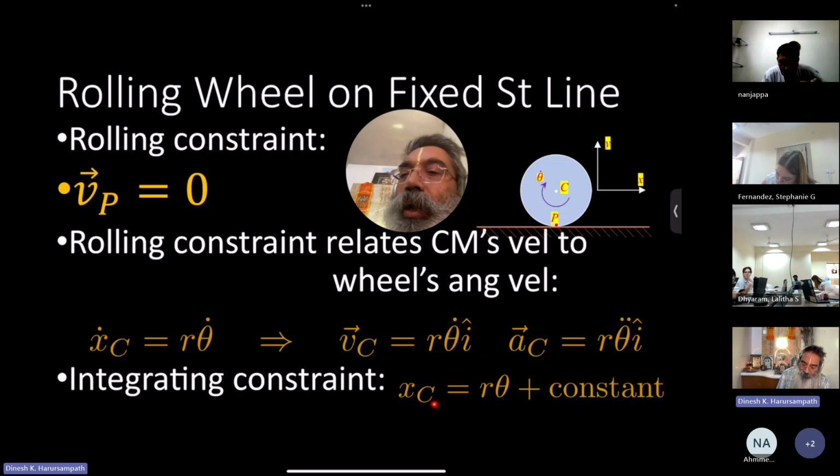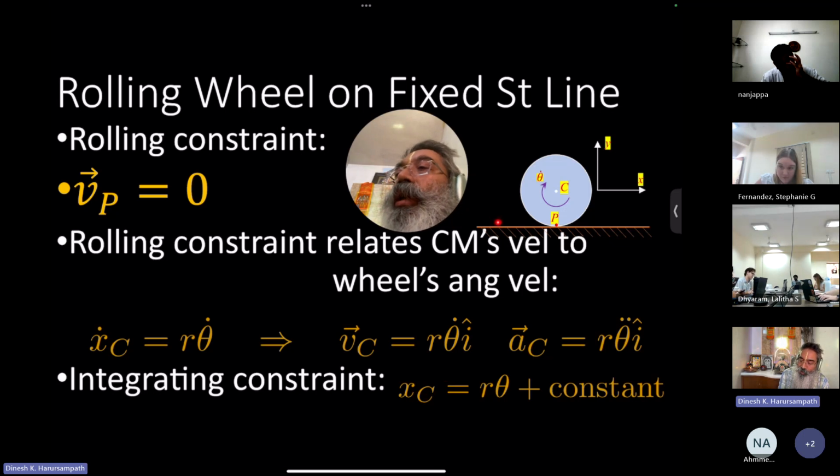Coming to the constraint, if we want to integrate this particular equation, xc dot equal to r theta dot, then obviously you get xc equal to r theta along with the integration constant, and that integration constant can be solved by agreeing to what we deal with as at what value of theta xc is 0.